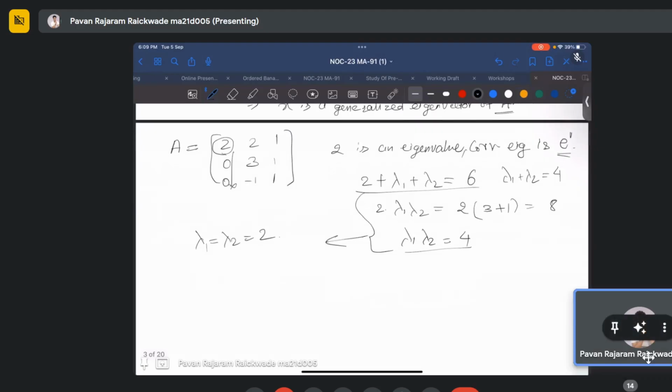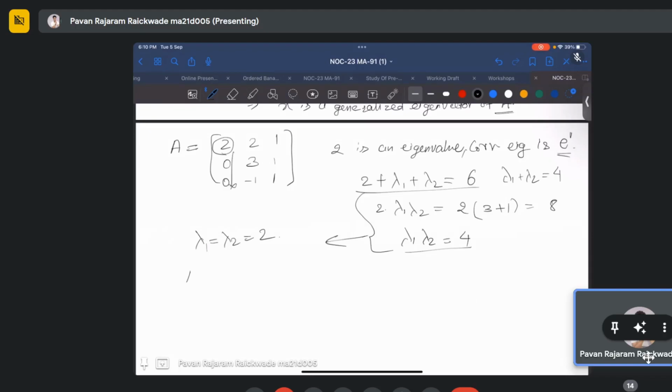See, for eigenvectors, we don't know how many eigenvectors there will be, right? It depends on the geometric multiplicity. The number of linearly independent eigenvectors corresponding to an eigenvalue is its geometric multiplicity. But for generalized eigenvectors, you always have algebraic multiplicity number of them.